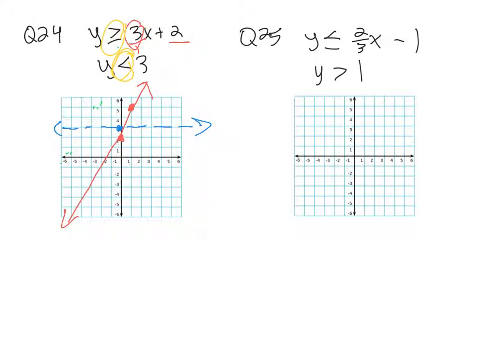But less than the blue line. So we need to be looking beneath this blue line. The area that they both had in common is this area, so that would be what's shaded. Any point in this region would make both of these inequalities true.